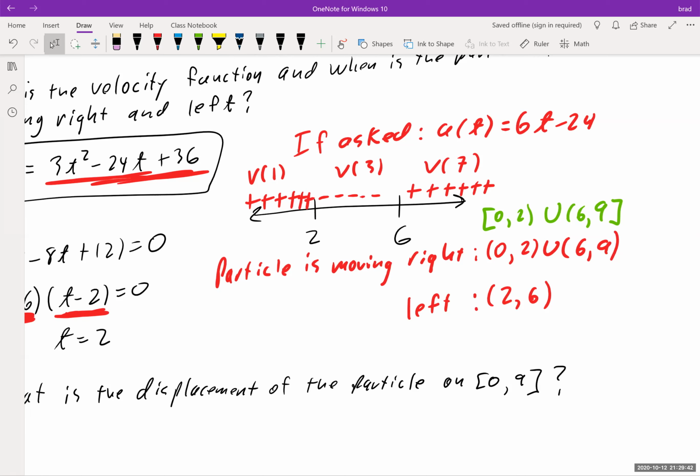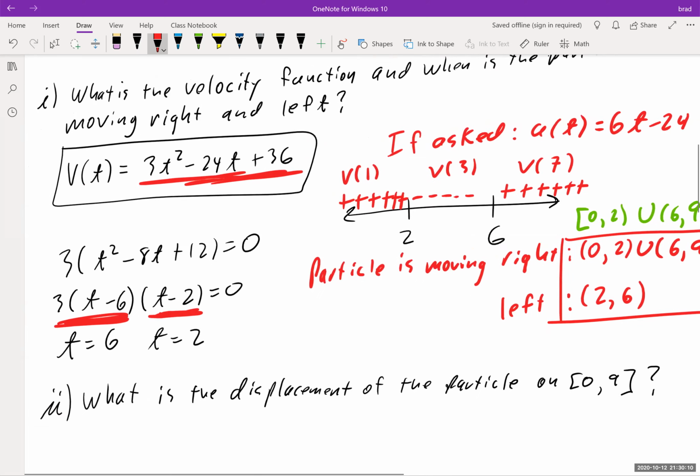I'm not a physics instructor, but I think that's why the argument is that you would include it, because it's technically positive at 0. But for me, in general, I do it this way. This is the answer I'm going to be looking for. Let me know if you see that in your homework and there's some confusion on bracket or parenthesis. I believe this book might use bracket, and then the other book that I normally teach from counts it as a parenthesis. And again, I see an argument for both.